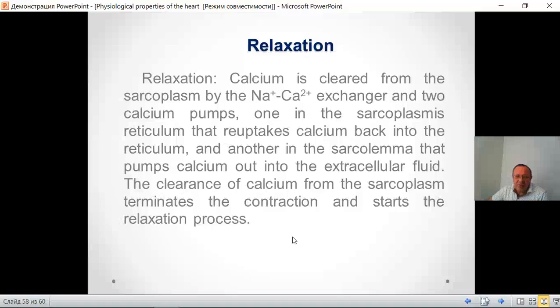In the mechanism of relaxation, calcium is cleared from the sarcoplasm by the sodium-calcium exchanger and two calcium pumps: one in the sarcoplasmic reticulum that reuptakes calcium back into the reticulum, and another in the sarcolemma that pumps calcium out into the extracellular fluid. The clearance of calcium from the sarcoplasm terminates the contraction and starts the relaxation process.